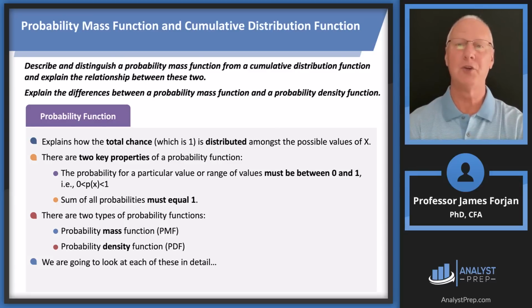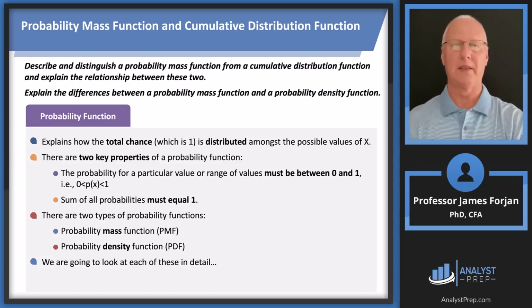All right, moving on to this learning objective statement that asks us to distinguish between probability mass functions and cumulative distribution functions, and explain the relationship between these two. So this is another one of those definitions here. So the probability function, just very basically, answers the simple question. We have an event.